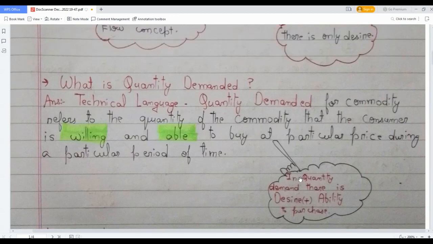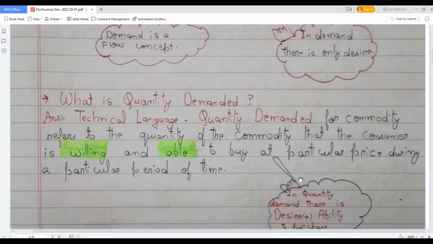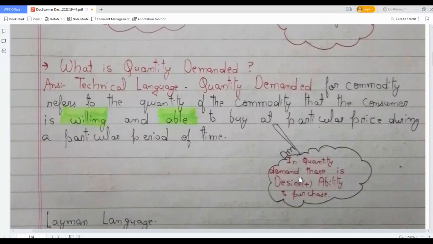In demand, we consider only the desire, but in quantity demanded, we consider both desire as well as ability. Both demand and quantity demanded are flow concepts. What flow concept and stock concept are, we will discuss later in class 12. In class 11, we generally just say that quantity demanded and demand both are flow concepts.